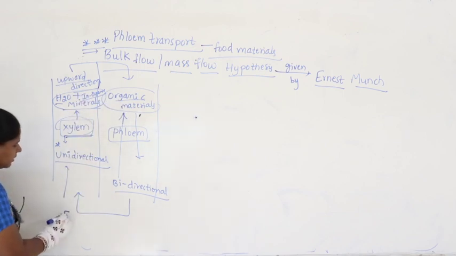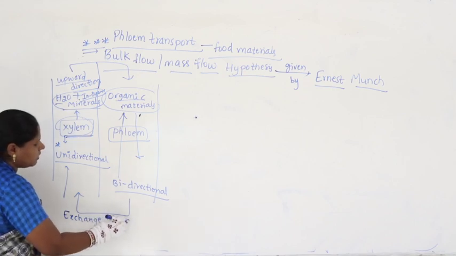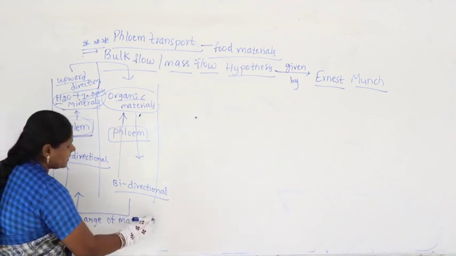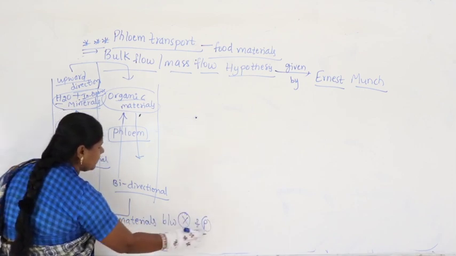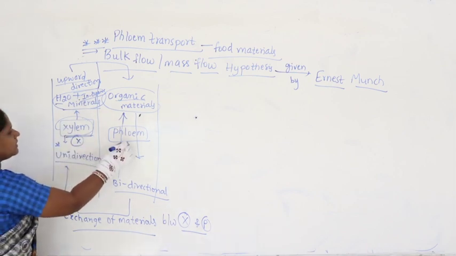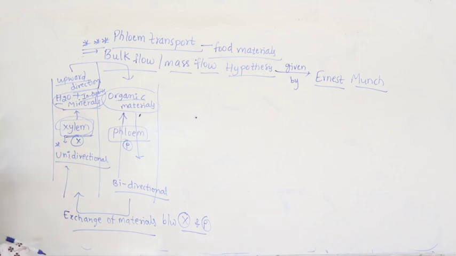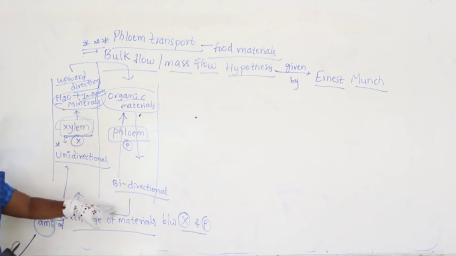So, some amount of exchange of materials happens between xylem (X) and phloem (P).